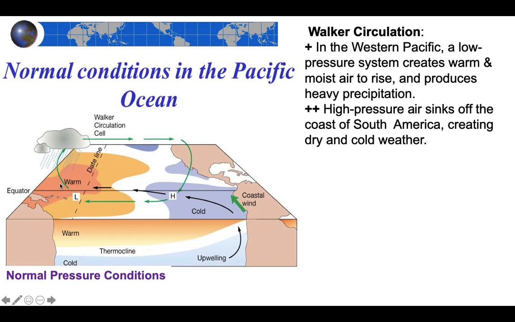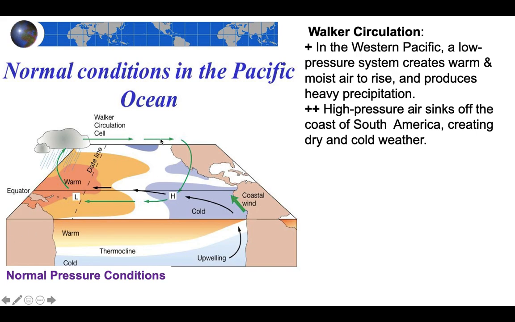This moist air with rainfall starts rising, and once the precipitation takes place, it becomes dry and starts moving east to the eastern part of the Pacific Ocean, and becomes much cooler.